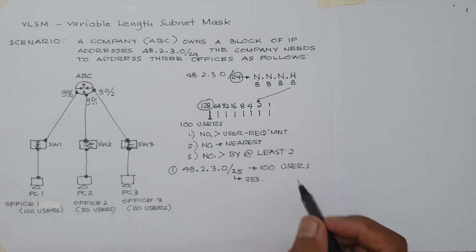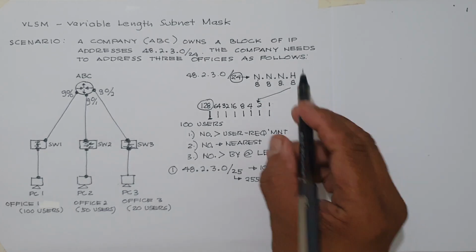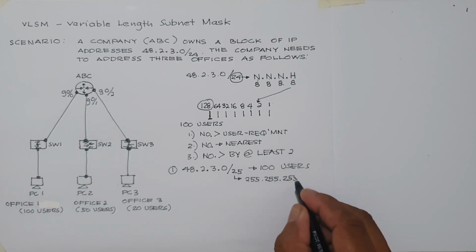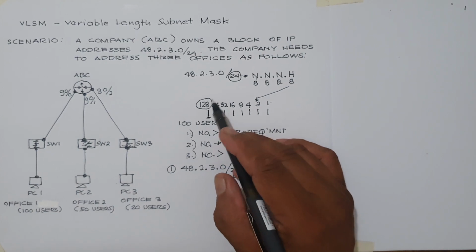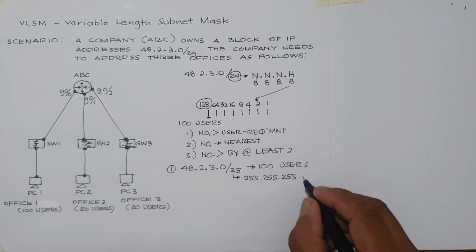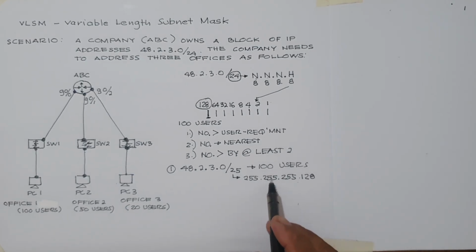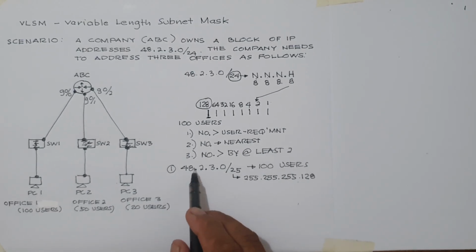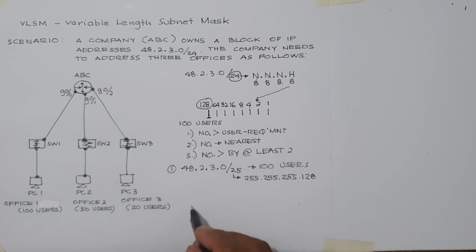The next octet is still complete for network, so that would still be 255. The third octet is still complete for network, and for the fourth octet you only have one bit for the network, and that will only be equal to 128. So this is the subnet mask for this subnetwork. Okay, the next subnet after this will be 48.